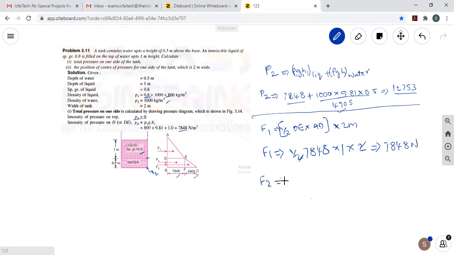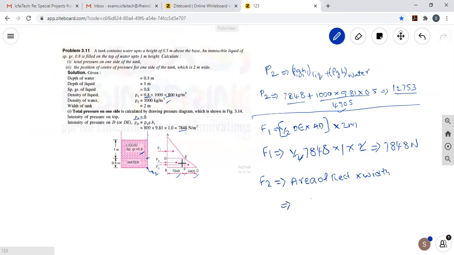Similarly, F2 is equals to, what is the force 2? Force 2 is, if you observe from the diagram, area of this rectangle into width. So what is the area of the rectangle?